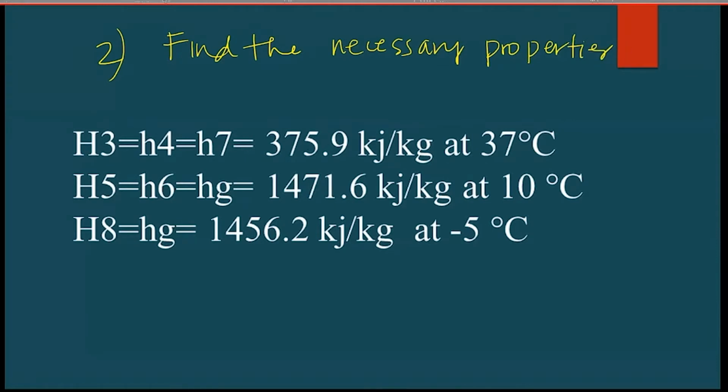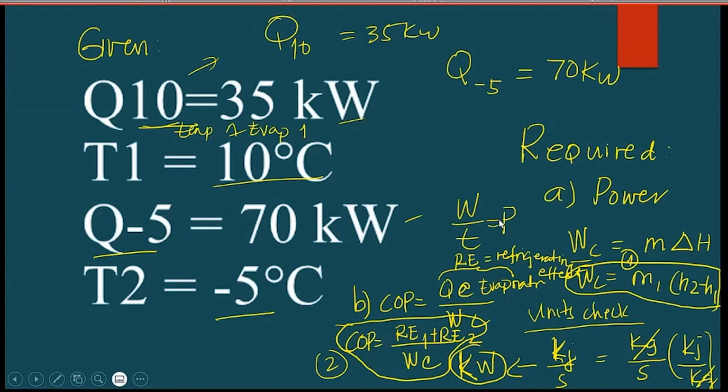So in the formula, we go back to the formula. What are the properties that we are going to find here? Delta H, so enthalpy, and RE. What is the formula for the refrigerating effect? The refrigerating effect is only the difference between the higher enthalpy minus the lower enthalpy.